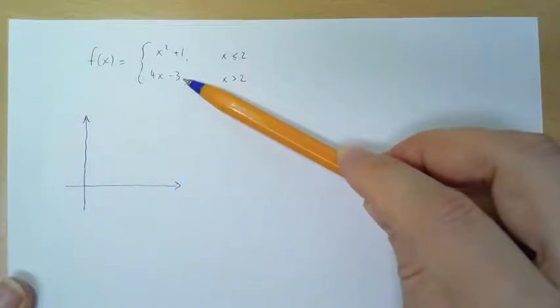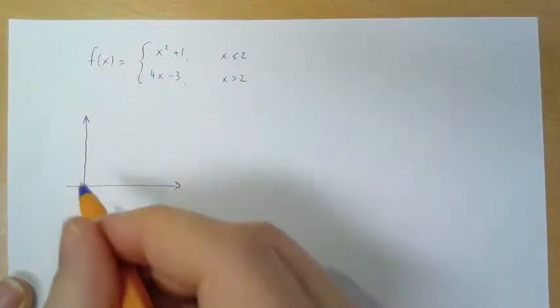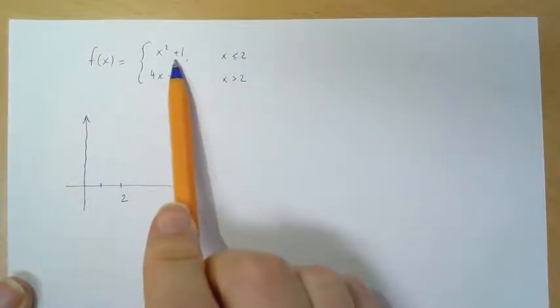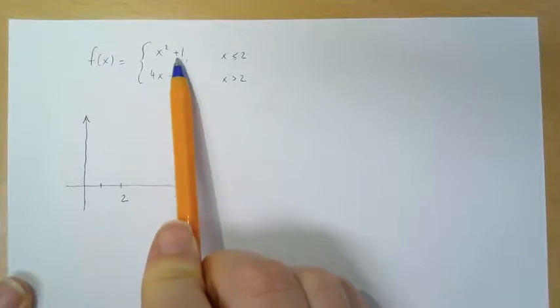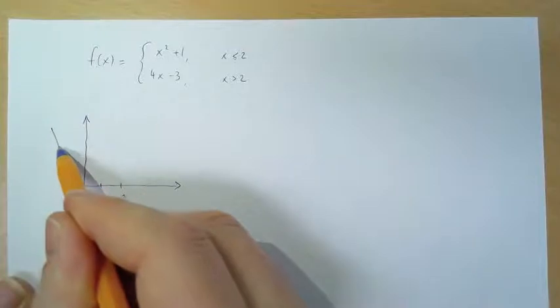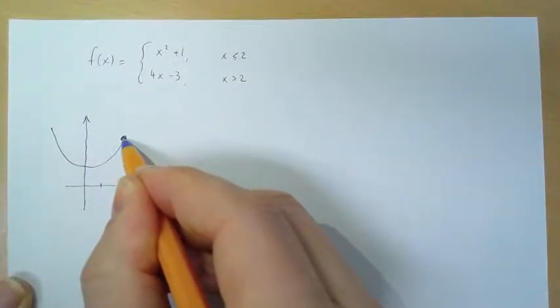Yes or no? To do that, we just plug in x equals 2. I have a graph x squared plus 1, so at x equals 2 it's going to be equal to 5. This graph is a parabola. It looks somewhat like that maybe, and here we are at 5.